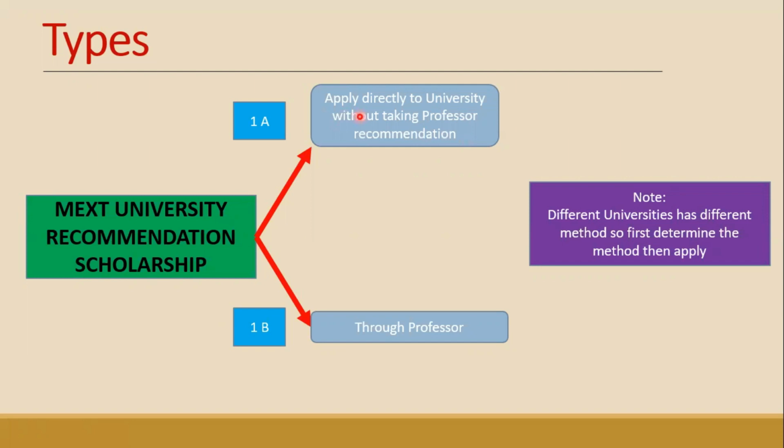Moreover, they might ask you to search the faculty list and email them, and with their consent you put your application on their login portal and then submit it, so that your proposal is according to the professor recommendation. So in this university recommendation scholarship, you either apply directly to the university without a professor recommendation, or you apply to the portal with a professor recommendation.